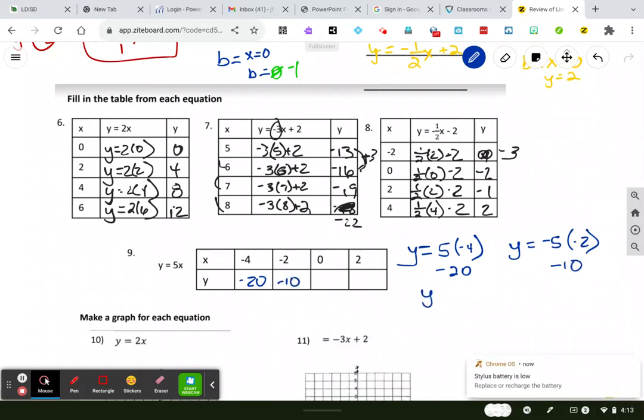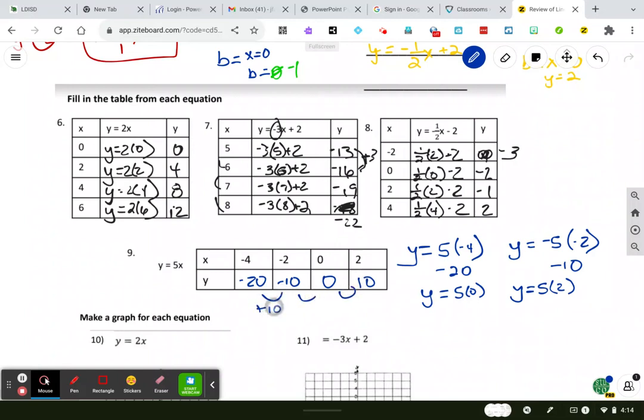When x equals 0, 5 times 0, that's going to be 0. When x equals 2, 5 times 2, that's going to give me 10. When you look at this, y is increasing by 10 each time. And when you look at this, x is increasing by 2.